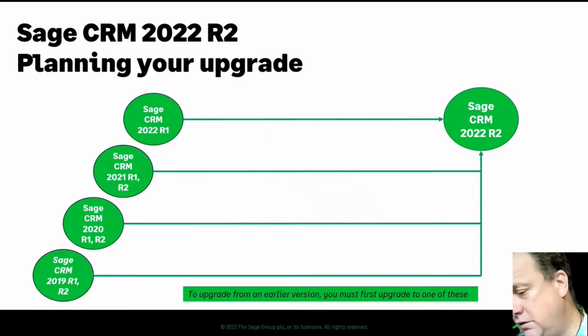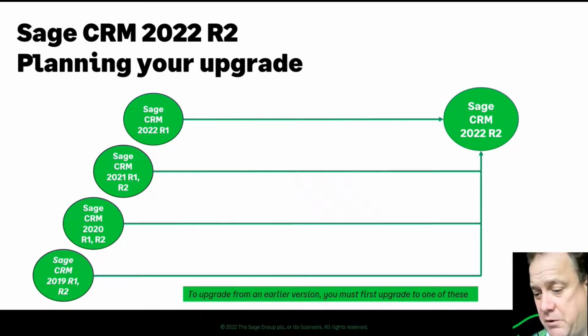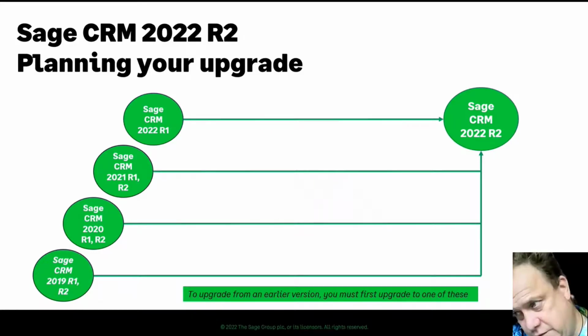You can only upgrade from the versions of Sage CRM on this chart. They're the only supported pathways. The users must log on between each step.